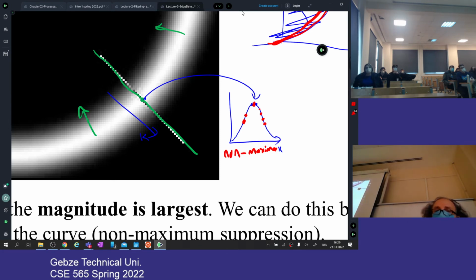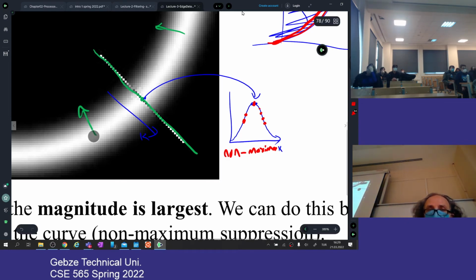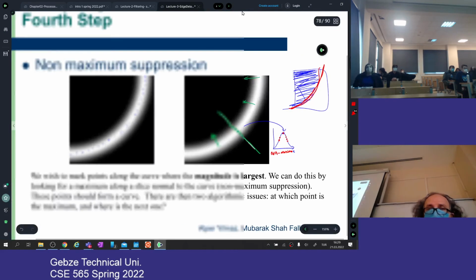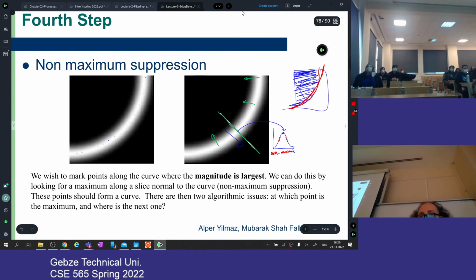I am doing this one-dimensional search on the gradient direction line. There is only one gradient direction line. It is this line or that line here, right? So this is a one-dimensional search, and with this search we do the non-maximum suppression.